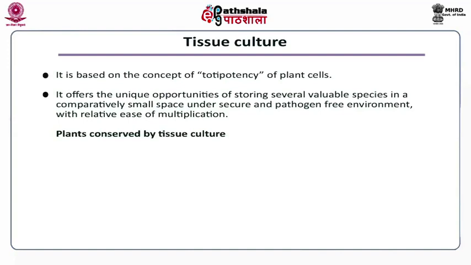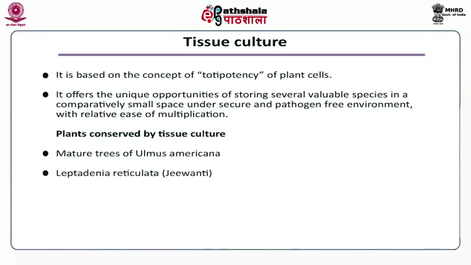Plants conserved by tissue culture, mature trees of Ulmus americana, Leptadenia reticulata, that is called Jivanti by vernacular name, then Caralluma edulis, then Orchis lanata, then Gentiana kurroo.